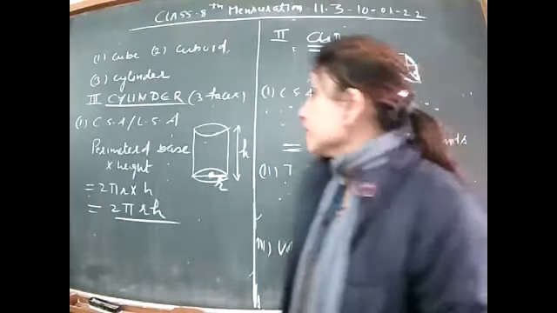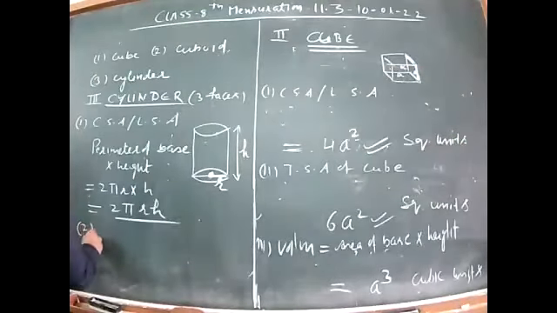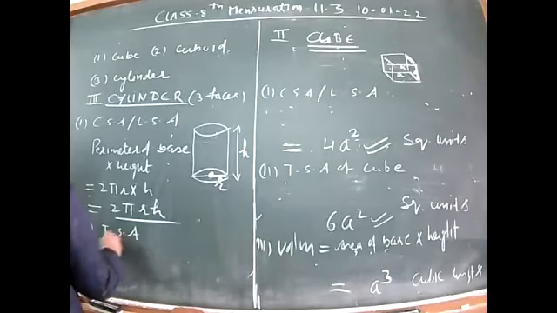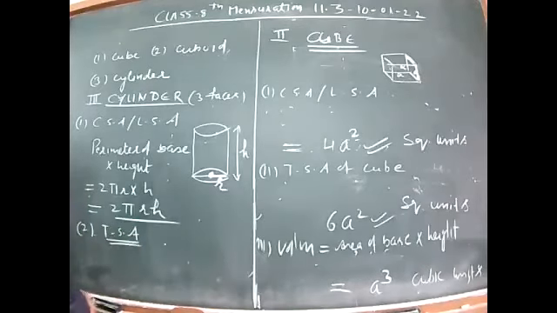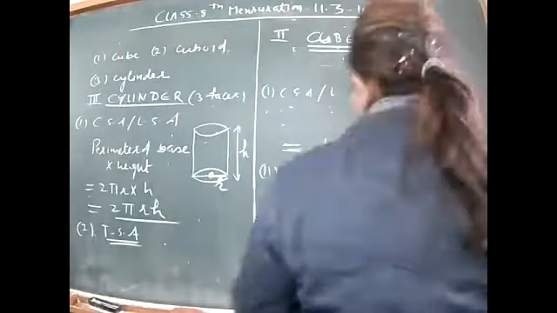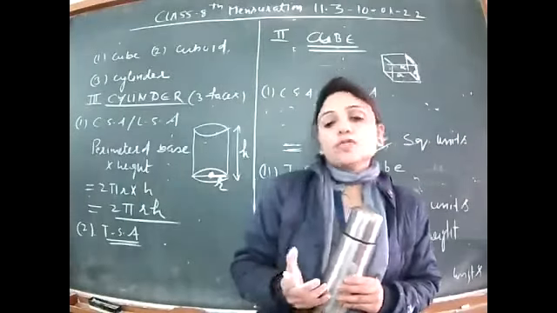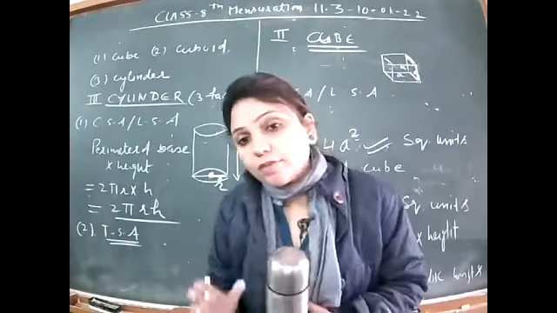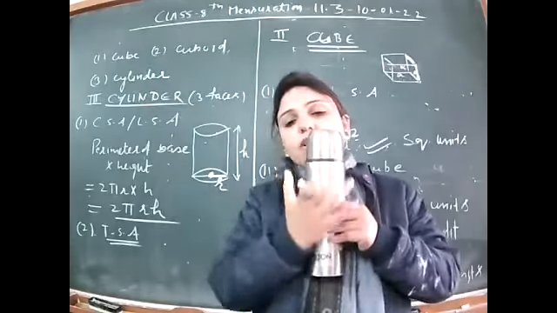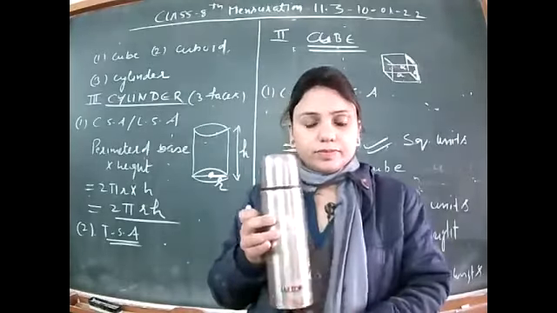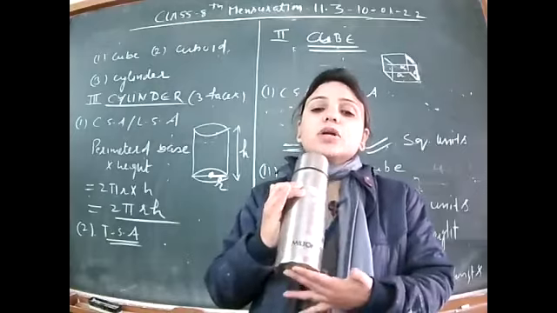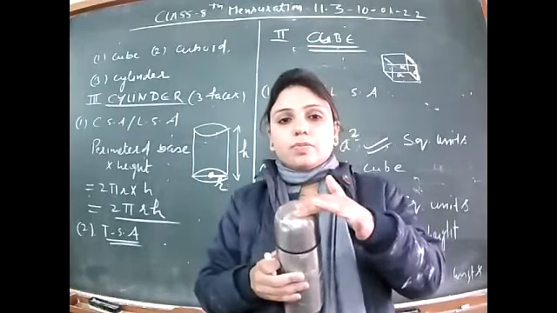Right? Now let us start with the next, that is the total surface area of the cylinder. See, when we are talking about the total surface area, as I told you, we have to add the areas of all the faces. One is a curved face around, another is a circle at the bottom, and a circle at the top.